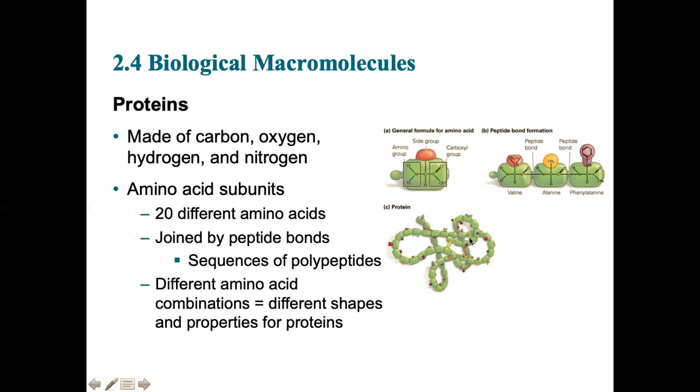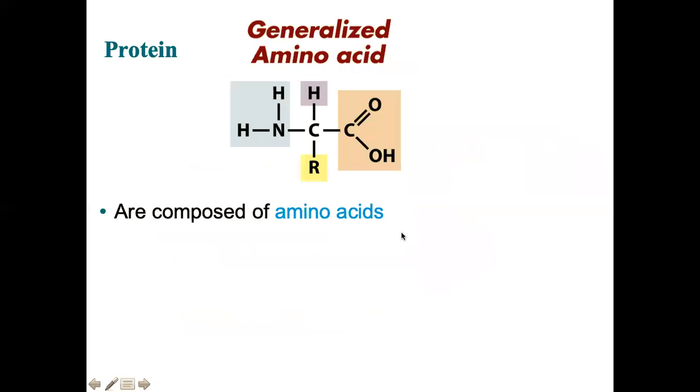So like you can see these yellow ones kind of want to interact, and it's very possible that you have some that are hydrophobic, so they want to be tucked inside the protein, and some that are hydrophilic, they want to be on the outside of the protein. And so the order of amino acids is going to determine how that protein folds up. And how that protein is folded is really important because that tells us how that protein works, what that protein's job is. And we're going to get into that a little bit more.